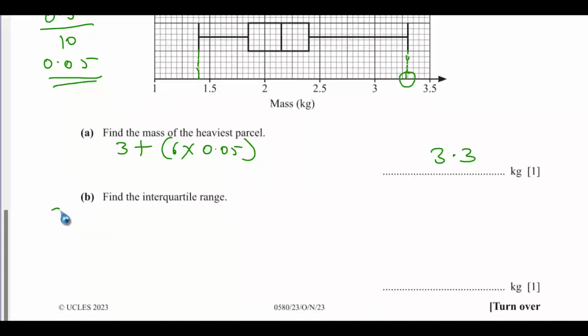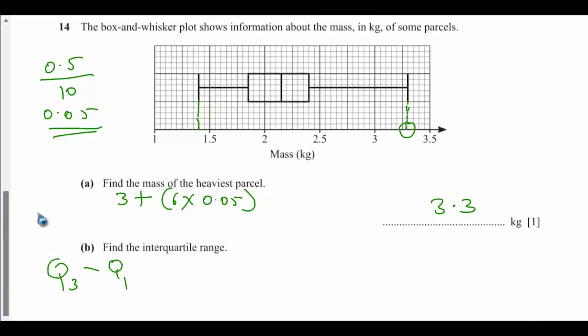The interquartile range will be Q3 minus Q1. Okay, so this value here will be Q1, and the value here will be Q3.